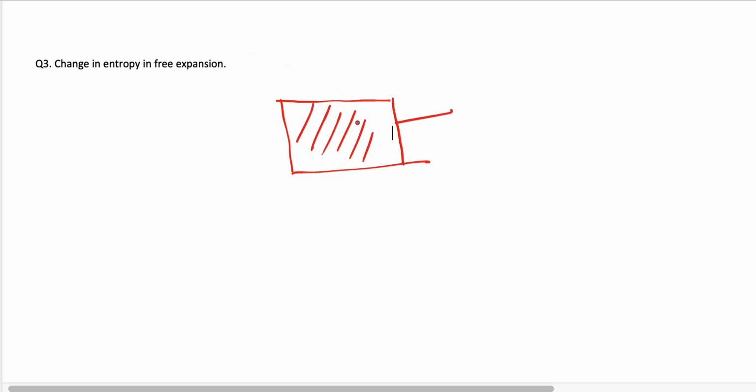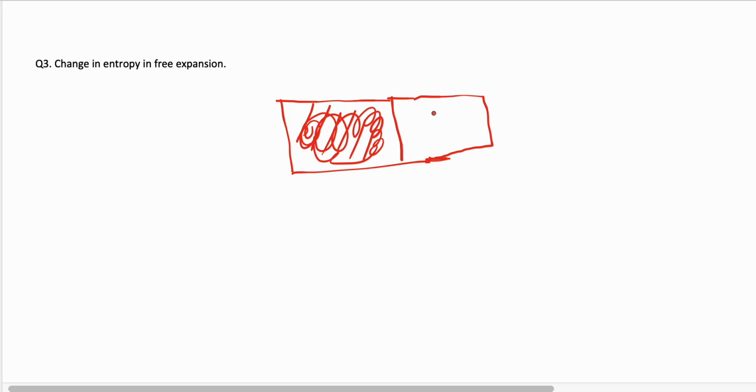Free expansion means we have a gas inside a box. Let me draw it in this way. Suppose there is a box and this side is full of gas and this side is nothing.